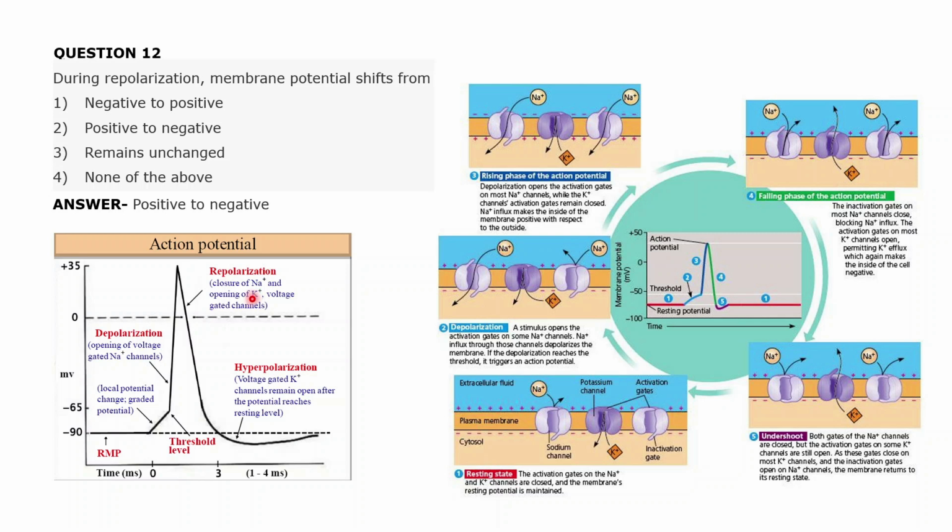So this causes a dip from the positive potential range to a negative potential range, thereby restoring the resting membrane potential. So the answer to this question is that during repolarization, membrane potential shifts from positive to negative value in this particular step of the action potential. I think we have discussed this earlier also.